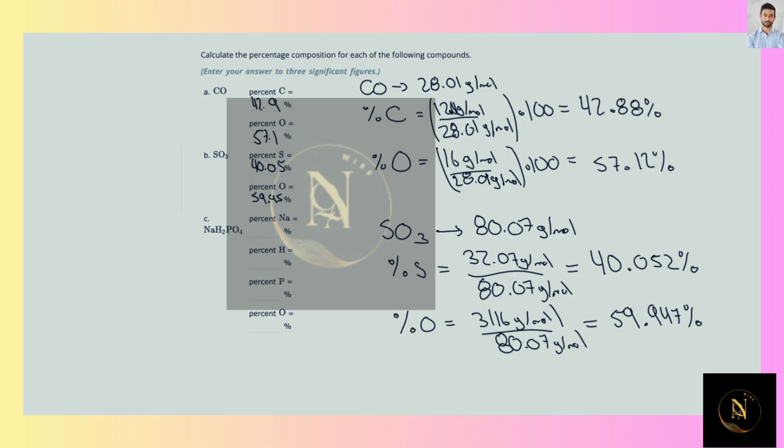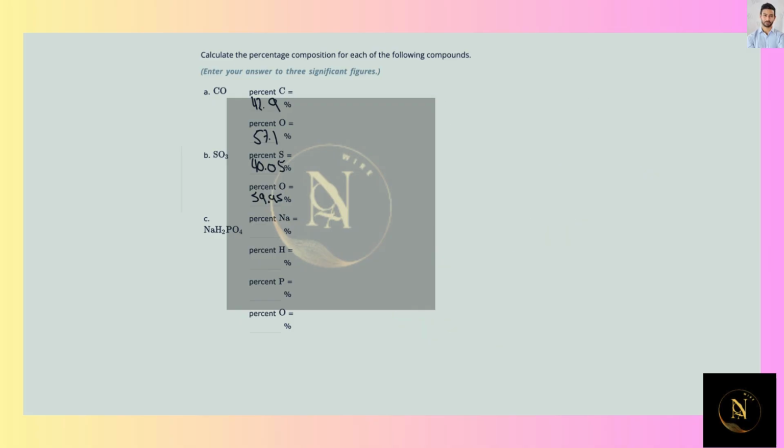And now for the last one, we're going to do NaH2PO4. I'm going to erase the result for both of these because we're going to require the space. So for NaH2PO4, the total molecular weight is going to be equal to 142.96 grams per mole.